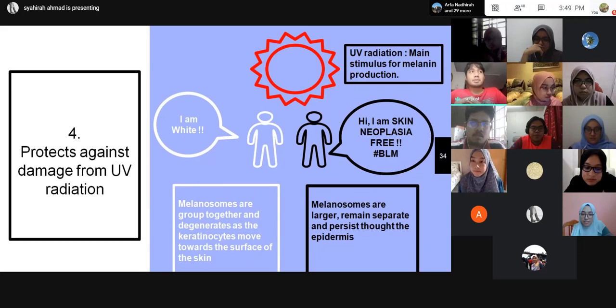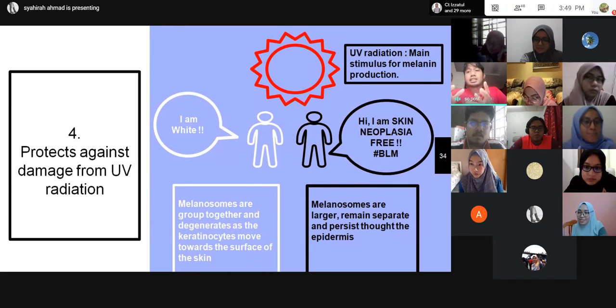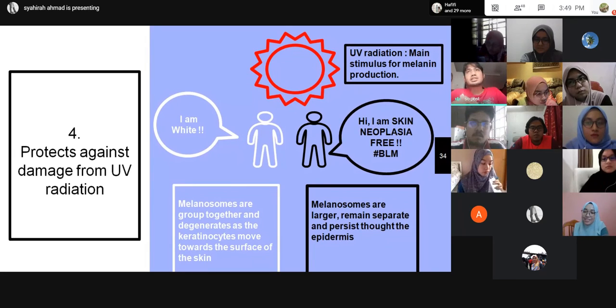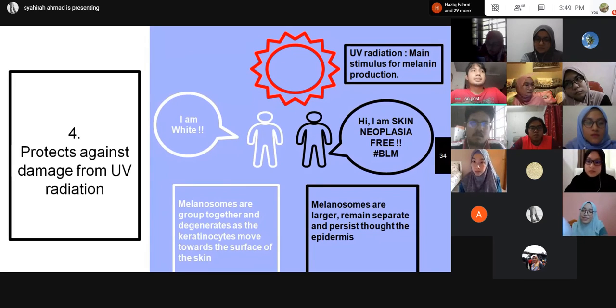However, in black people, the skin contains the same number of melanocytes as white people, but the melanosomes are larger, remain separate, and persist through the full thickness of the epidermis.